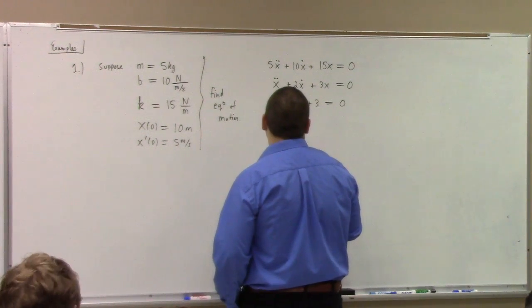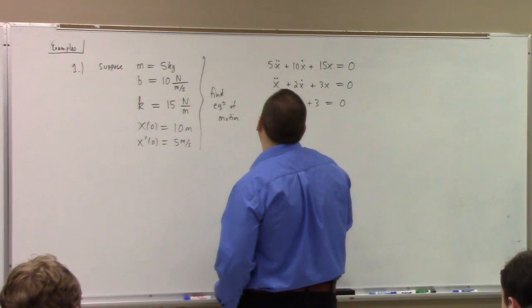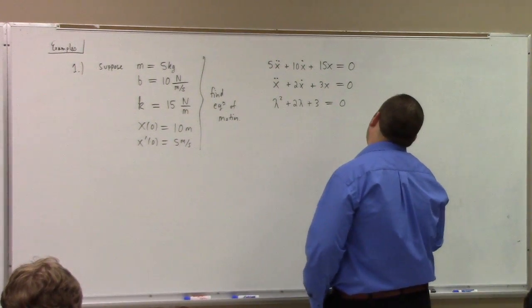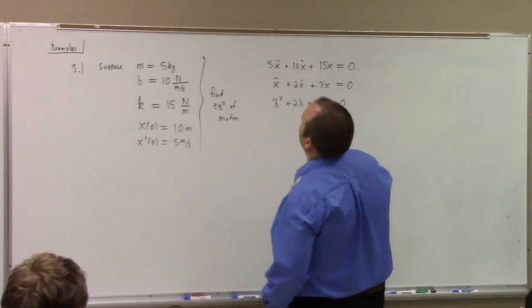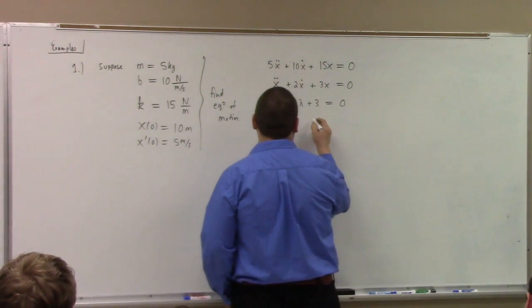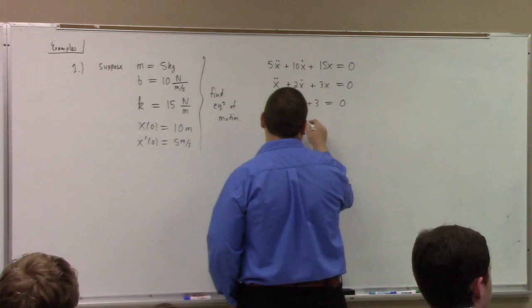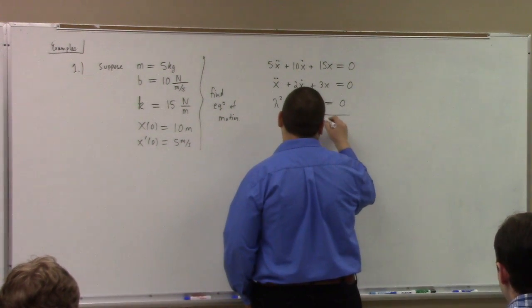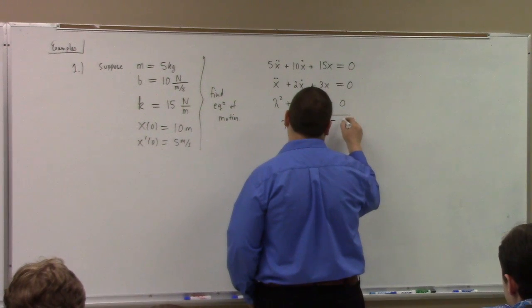Oh, man. Did I say 15? Fine. I'll take my medicine. Lambda is equal to minus 2 plus or minus the square root of 4 minus 12.